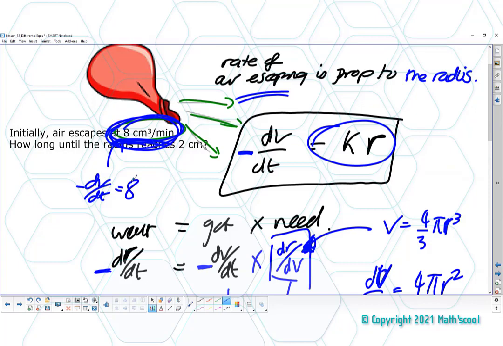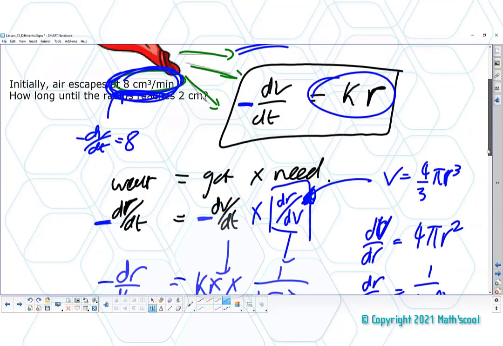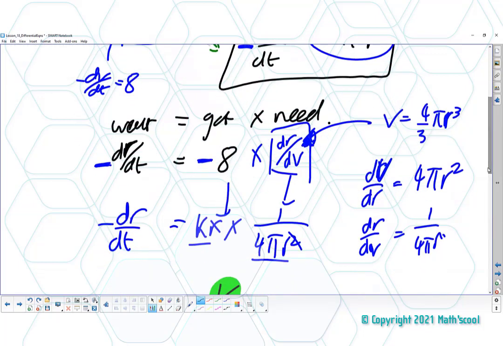And then I can put that in here. Minus dv by dt is 8 times 1 over 4 pi r squared.